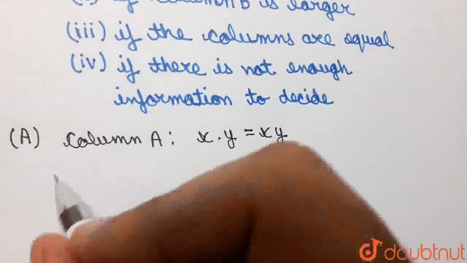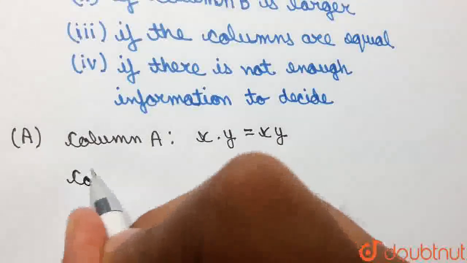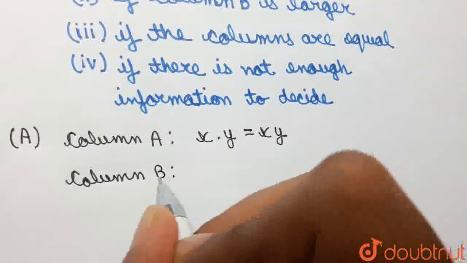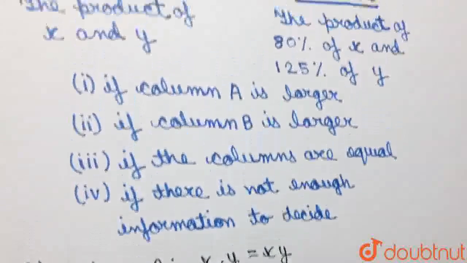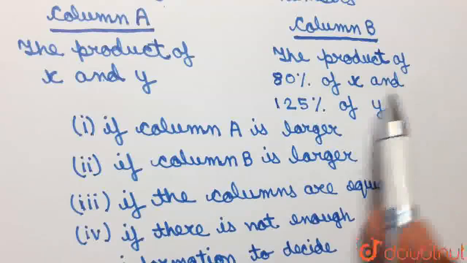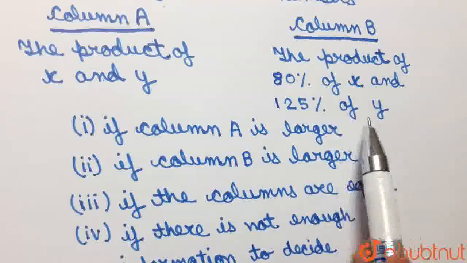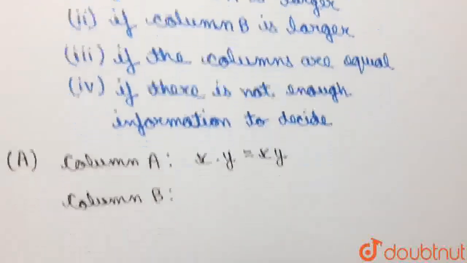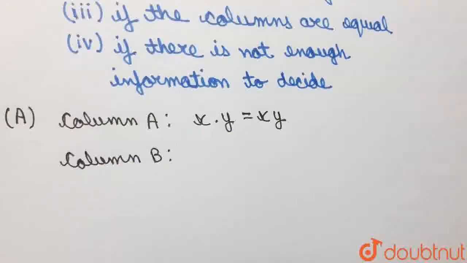Whereas in column B, we have been asked to calculate the product of 80% of x and 125% of y. Okay, now 80% of x can be written as x into 80 by 100.